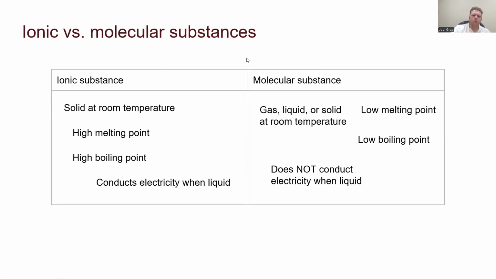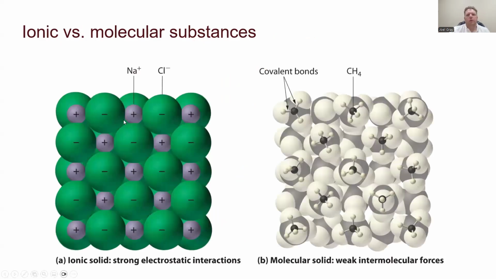Now, we have ionic and molecular substances. So an ionic solid has strong electrostatic interactions, whereas a molecular solid has weak intermolecular forces. So electrostatic interactions are strong forces that hold a sodium ion here and a chloride ion in close contact to one another.